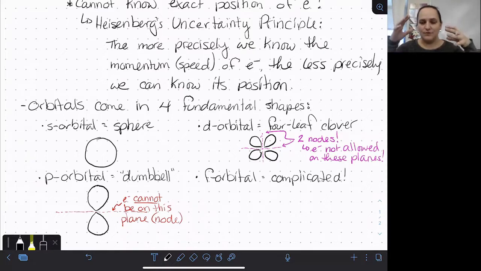Take that four-leaf clover shape from the d and slice it right in the plane of your screen so that you're splitting it, the front away from the back. So you end up with an 8-leaf clover situation. F orbitals actually come in a few different shapes, but I think the easiest one to think about is that 8-leaf clover, so to speak.